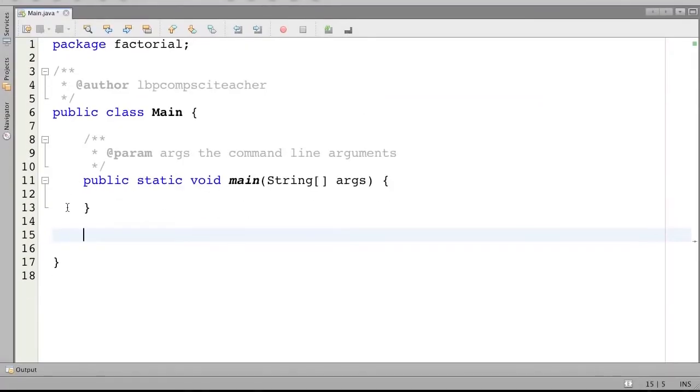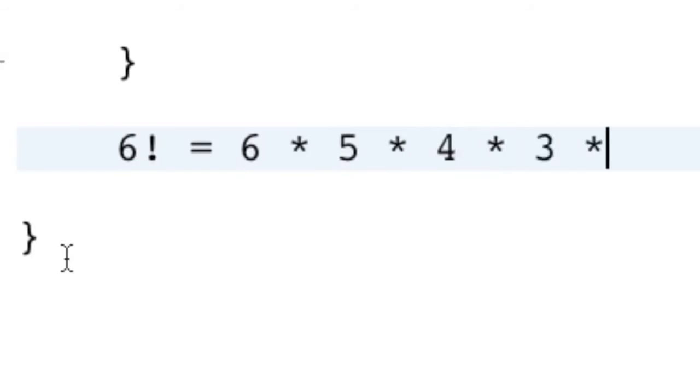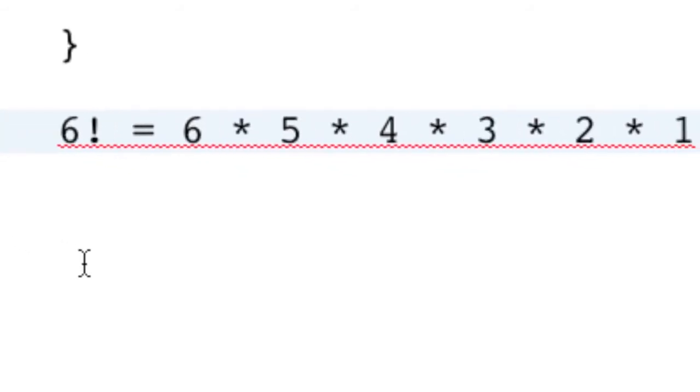So let's consider what a factorial is before we start here. If I take factorial 6, that's equal to 6 times 5 times 4 times 3 times 2 times 1.